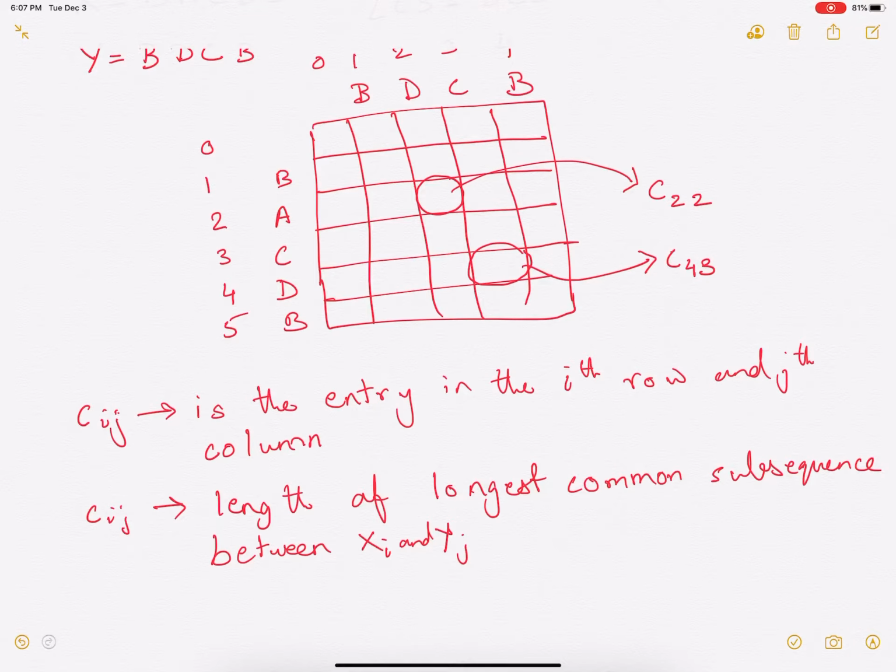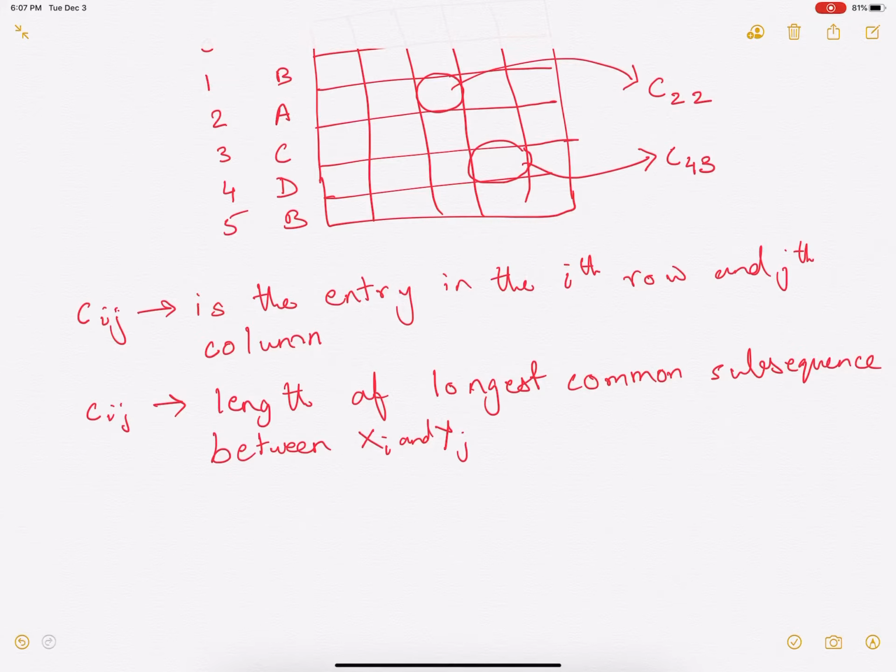Okay, so that's what this is. Now, what does C43 stand for? So in C43, you are finding the longest common subsequence between x4 and y3. That's what you are trying to find.